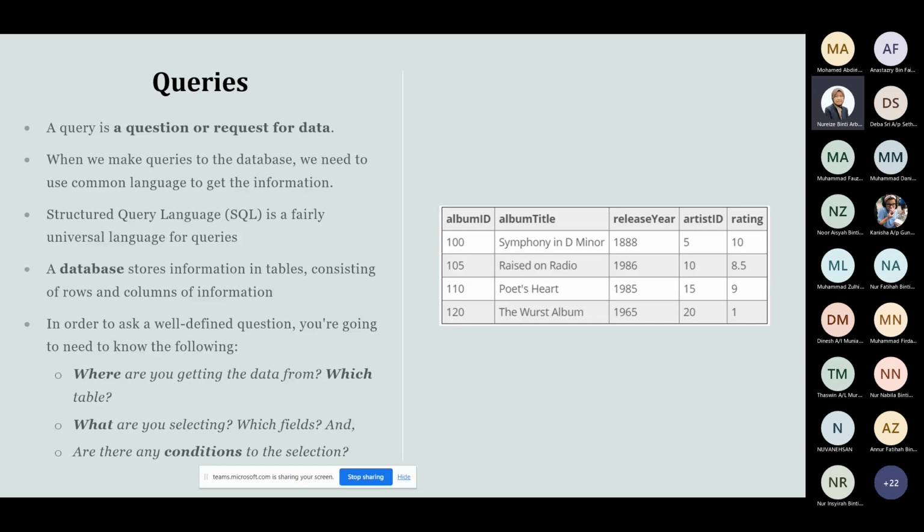Which field? This has something to do with the attributes. This one is the table. And are there any conditions? If yes, what is the condition? These are the basic things, the keywords that you need to know before you make a query.